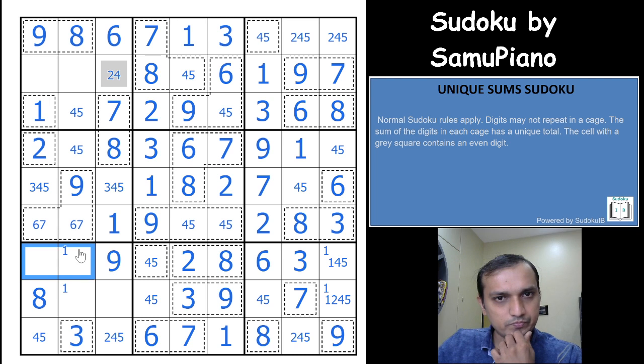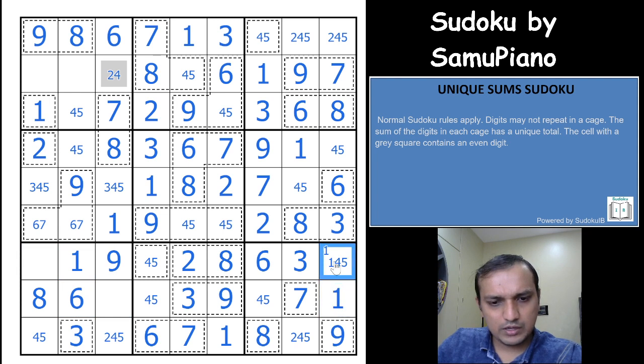Come on. Where can 6 be? So this is a 6 now, that is a 1, that gives you 1 here.